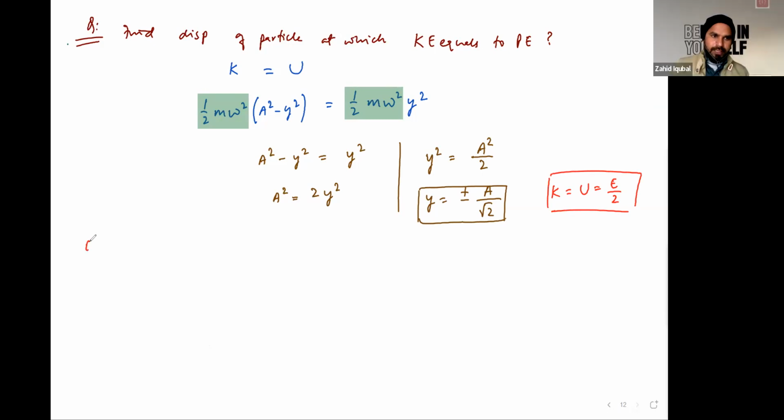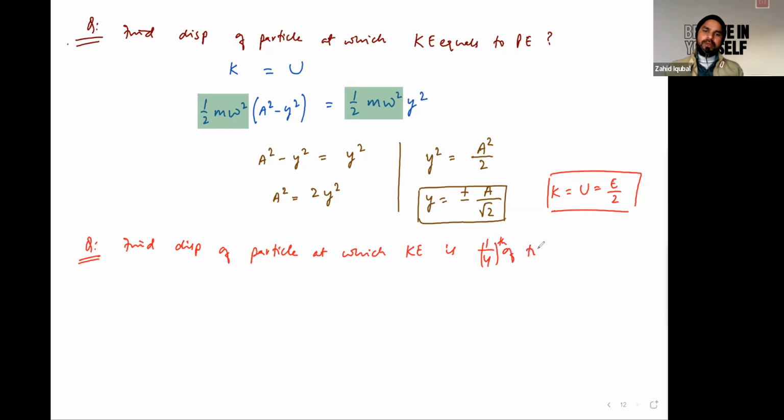Again, a similar question will be: find the displacement of the particle at which kinetic energy is 1/4 of total energy.